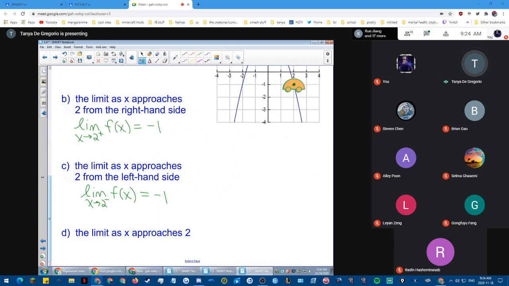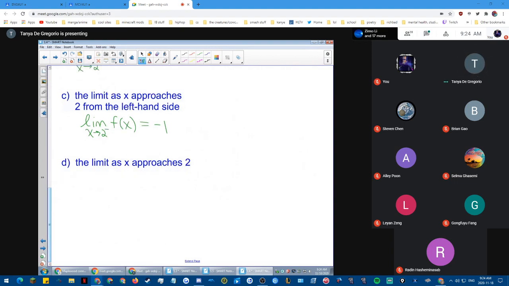And so now I can say that the limit exists and equals -1. Left-hand limit and right-hand limit equal the same thing.